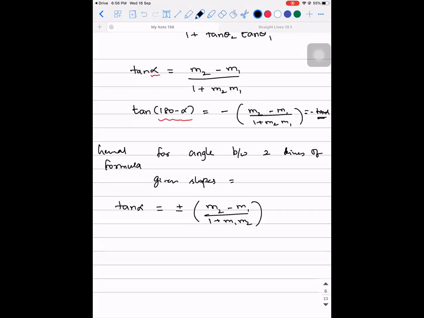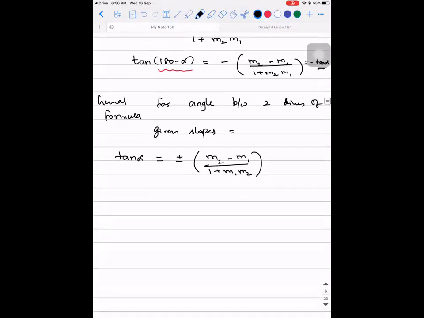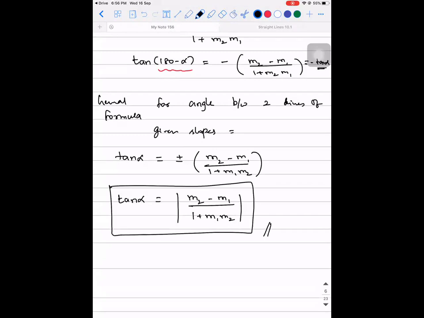I wrote plus or minus because I don't know whether alpha is going to be an acute or obtuse angle. When it is acute, you will get a positive value. When it is obtuse, you are going to get a negative value. But both values are possible. So plus or minus generally means modulus. Modulus of m2 minus m1 divided by 1 plus m1 m2 is tan alpha. This is the formula for the angle between two lines. Is there any doubt?